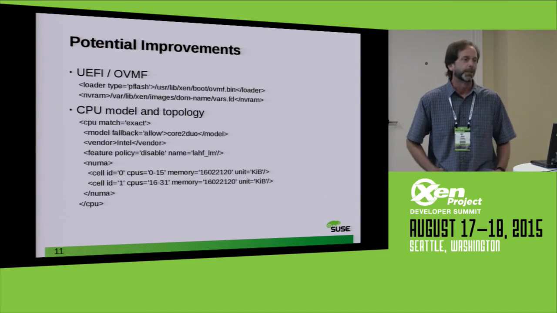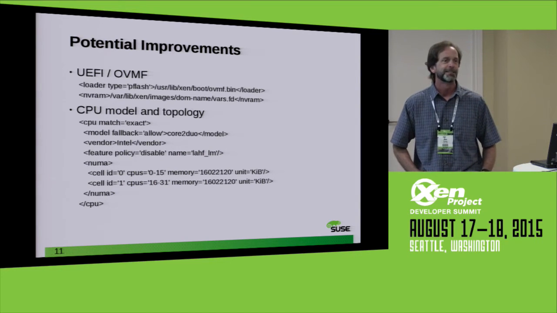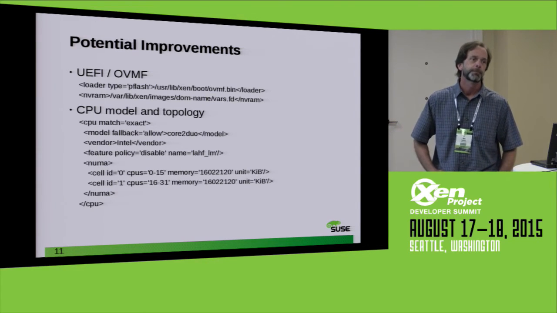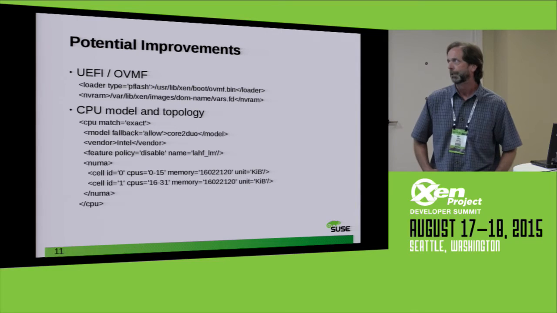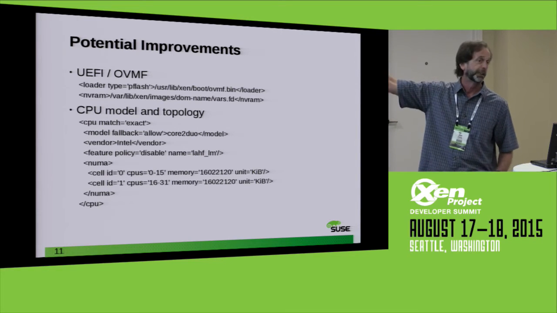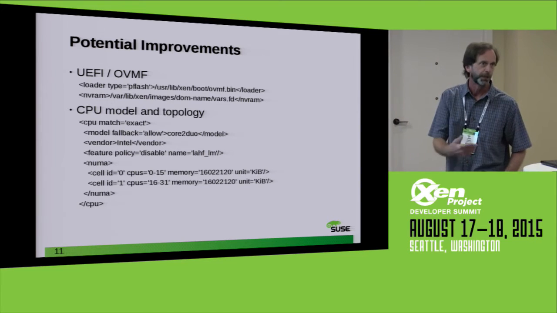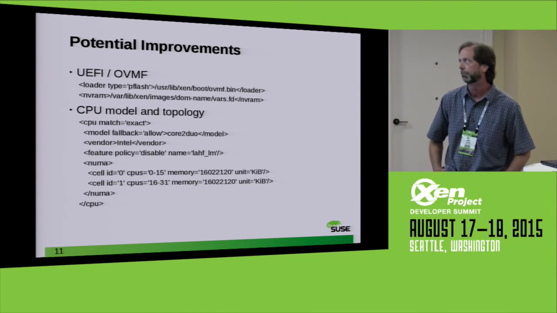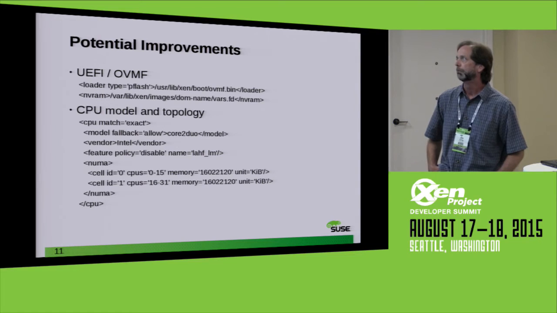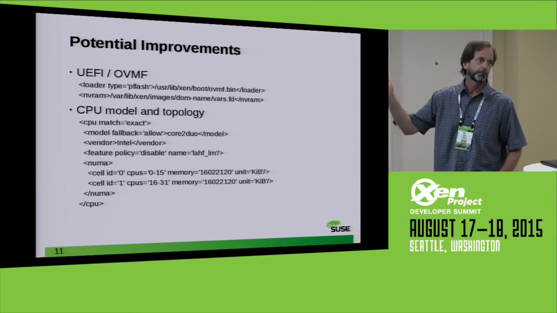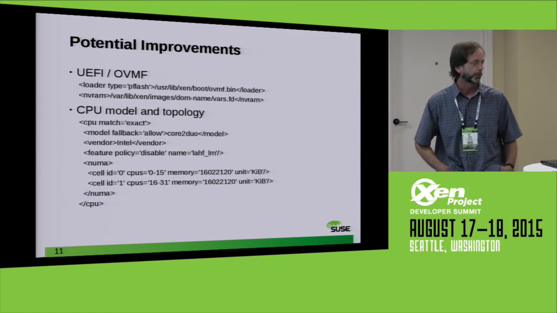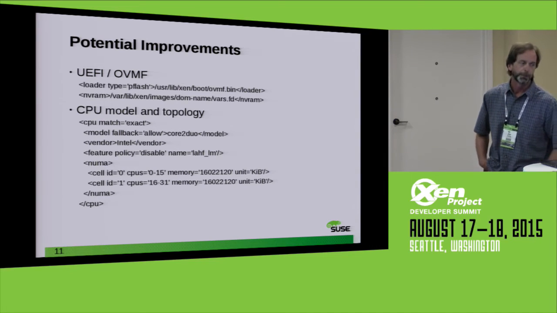Right. Roger's DM-like stuff will make this a lot easier to do. And the top one actually can be done now on the Libvirt side, because Libxl supports this, I just haven't got around to it. But at any rate, that's another item that we really like to make some progress on.